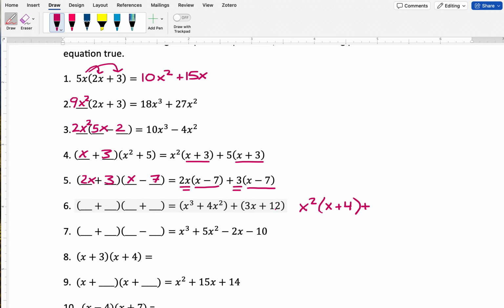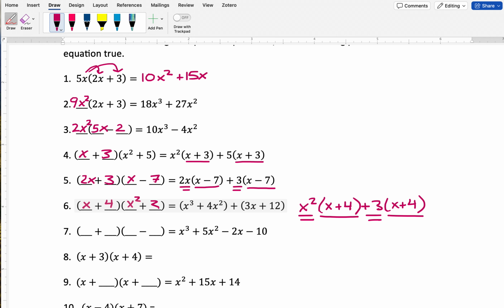In the second set, I can take a 3 out of both of these terms, which leaves me with 3 times x plus 4. Now that I have the same set of parentheses, I can factor that out. So one of my factors is going to be x plus 4, and the other one is going to be these leftover pieces, x squared plus 3.